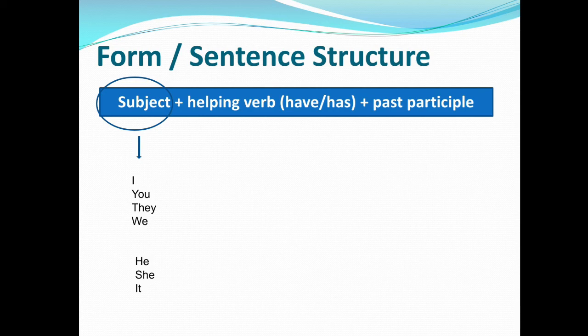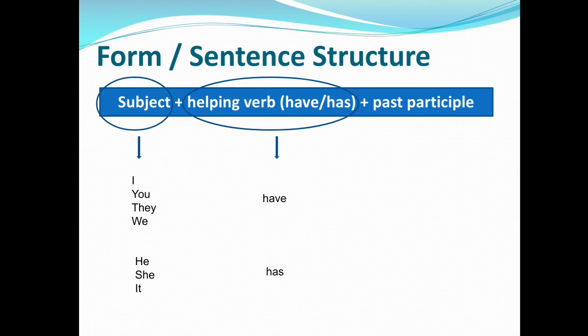Now let's look, when do we use have and has? When you have I, you, they or we as your subject, you use the helping verb have with it. Okay, you can see in the slide. And when the subject is he, she or it, you use has as the helping verb with it.